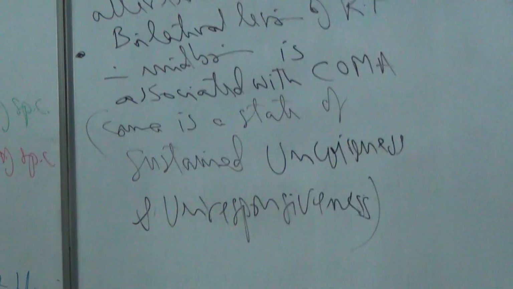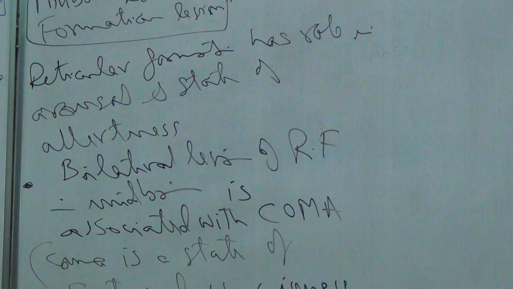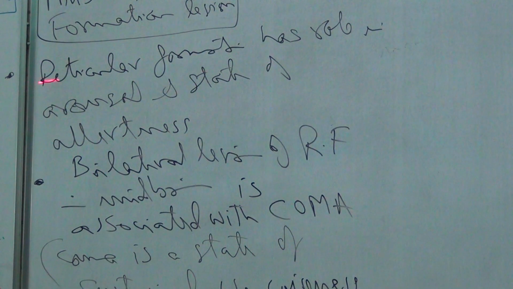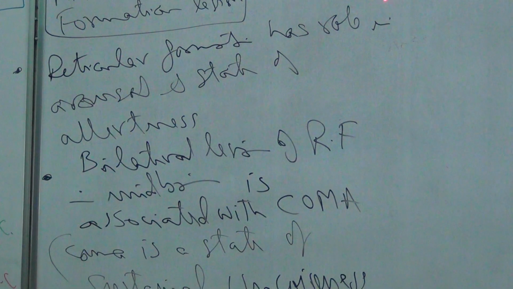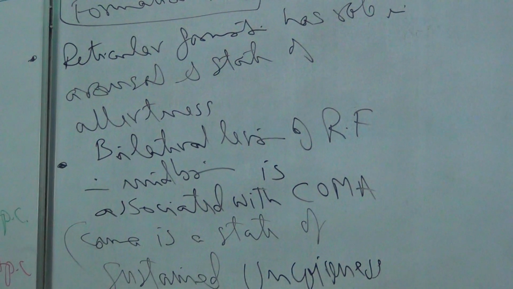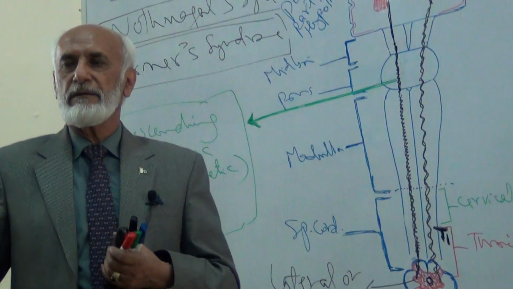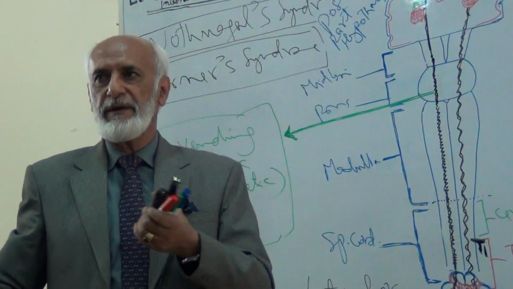Because the normal function of the reticular formation is to keep a person alert, responsible for arousal and state of alertness of an individual, this will be the effect of a reticular formation lesion traversing through the midbrain.